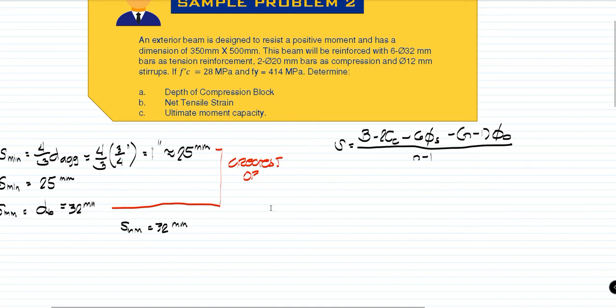So we would like to substitute the given values natin to this equation. So let's say ang tinry natin or inassume natin na single layer yung reinforcement.